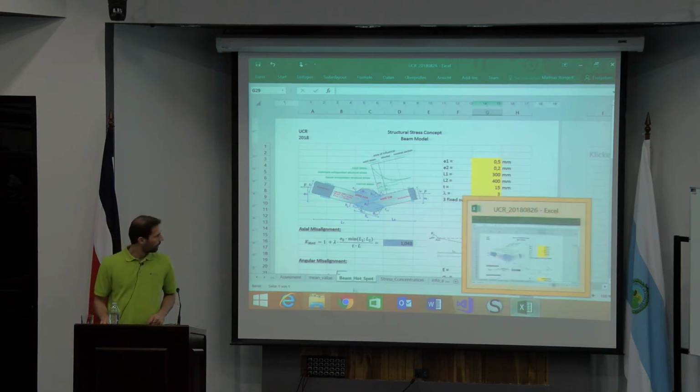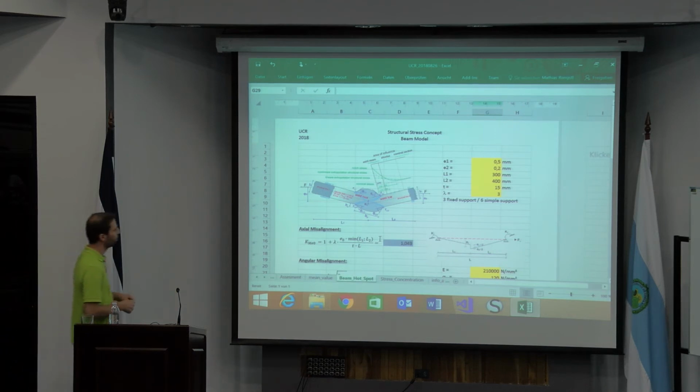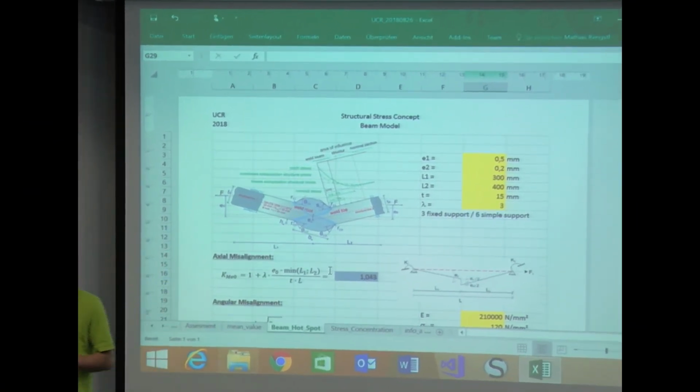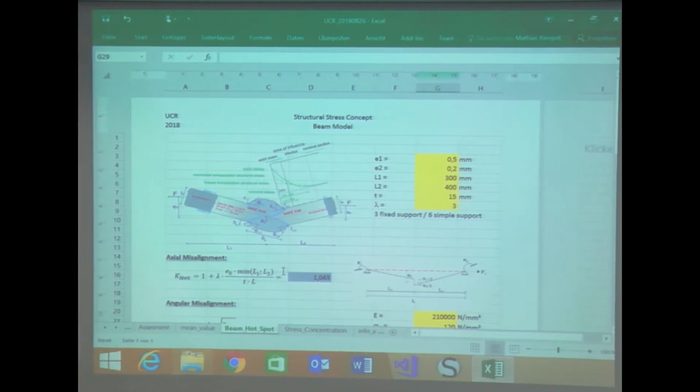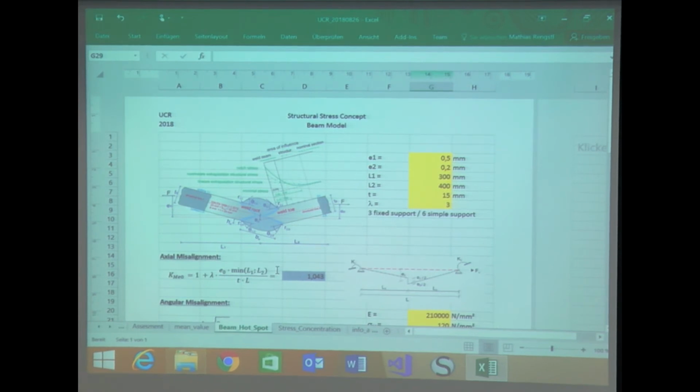Again, just to have in the background the idea of our structural model, how it looks, what parameters we have there. The parameters at first are of course E1 and E2, then our distances L1, L2, and the T, and of course our supporting situation. In this case, I just chose a fixed support to have an easy setup.